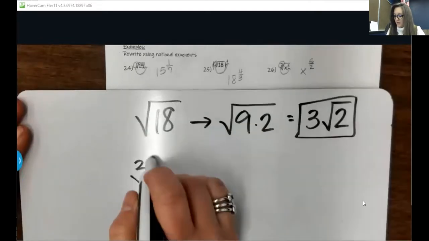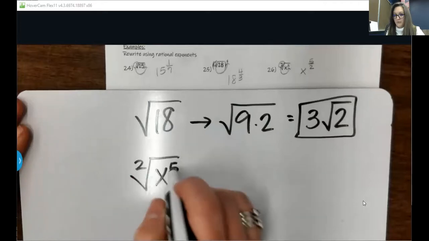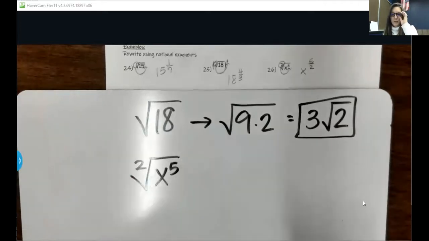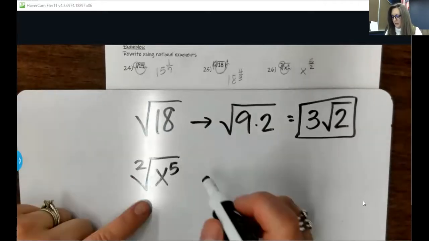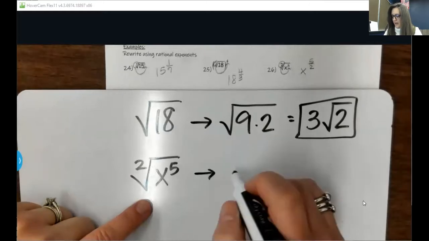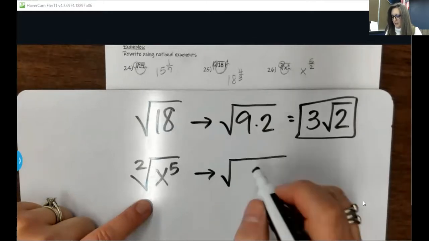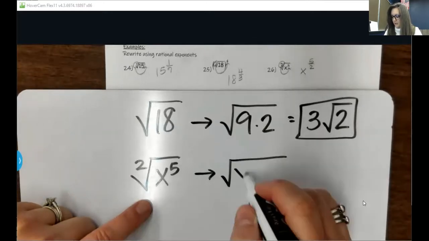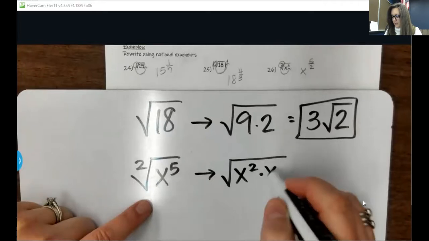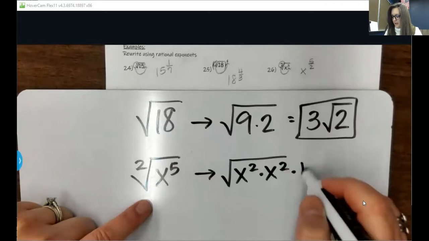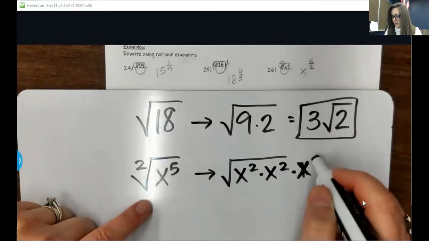If I have the square root of x to the 5th, and I'm going to teach you a couple of different ways today, I can write this also as, let's see, how many x squareds are in here? I have 2 x squareds and an x to the 1 power, right?